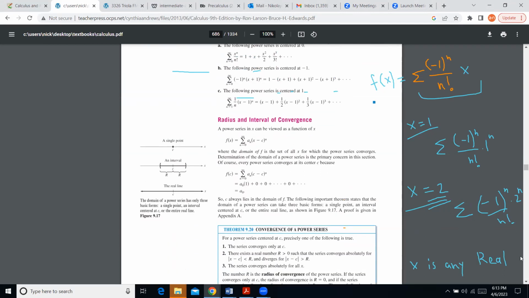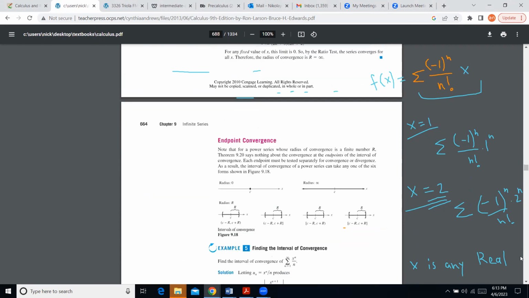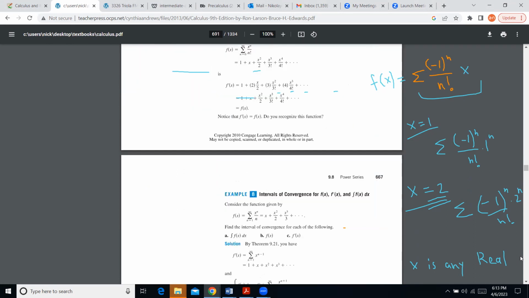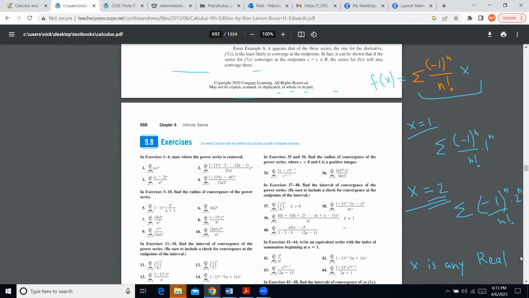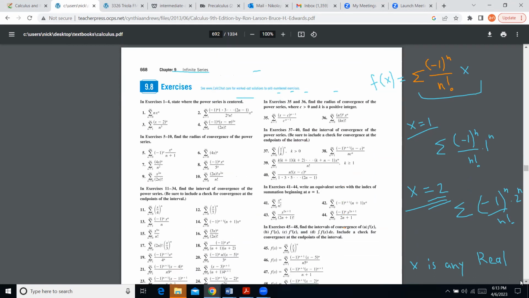So I guess the best way is to take an actual exercise and work it out, because nowadays there is really not much theory, I'm just looking at the practical exercises. So what I can do is look at the power series and see for what values of variable x it is convergent.